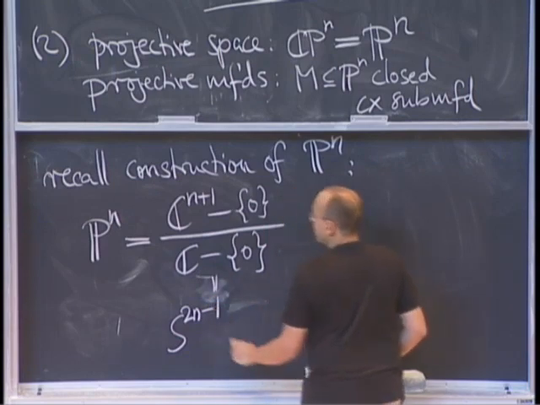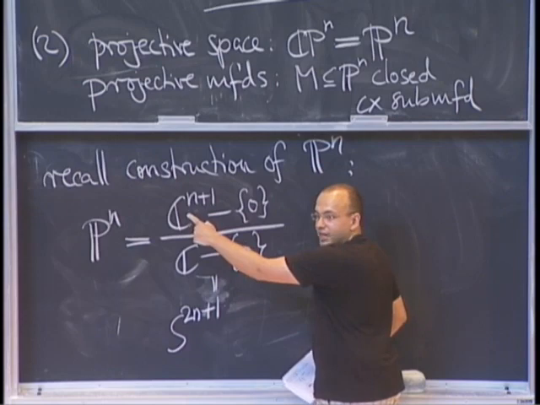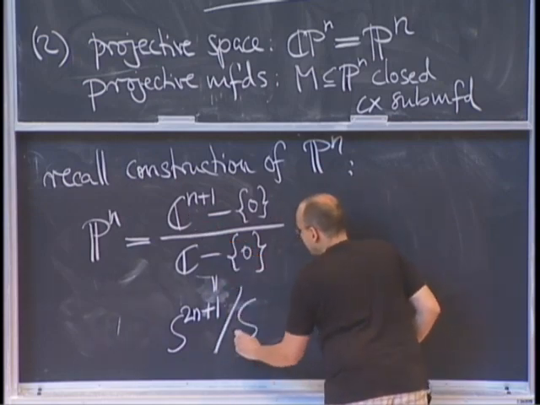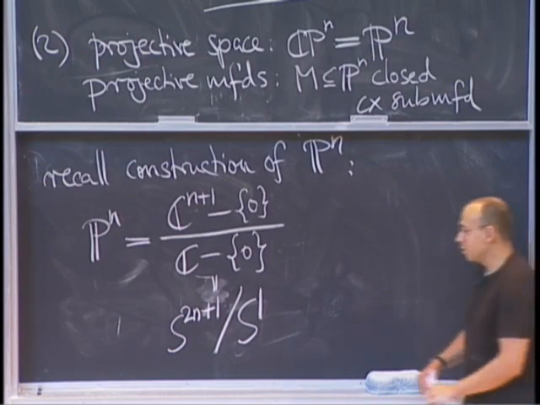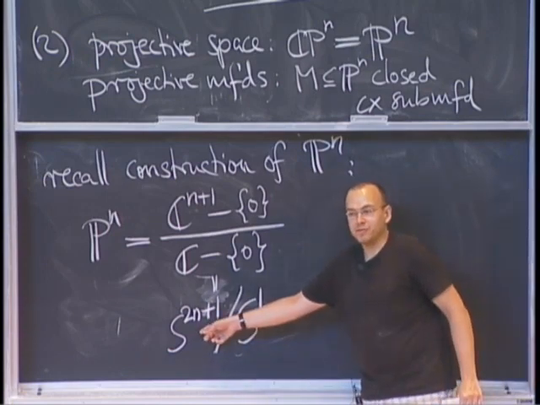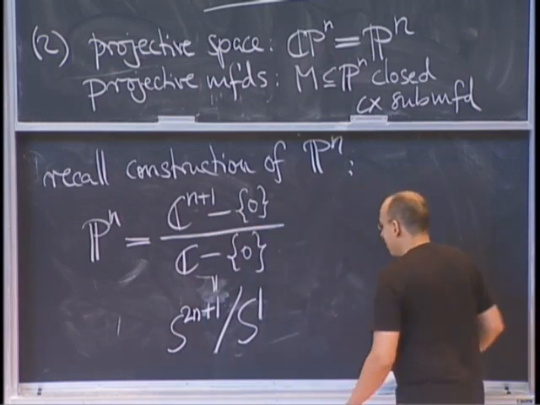So the unit sphere S^(2n+1), the unit sphere in C^(n+1), modded out by the action of the group of unit complex scalars. The orbits of that action on the sphere are called the Hopf circles, and the quotient map to CPn is the Hopf map.